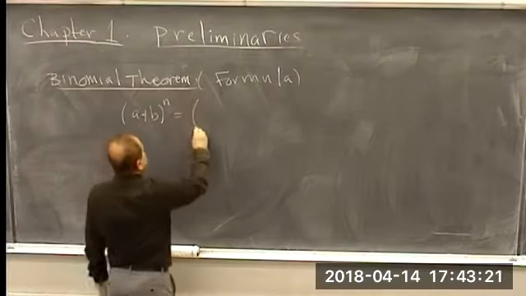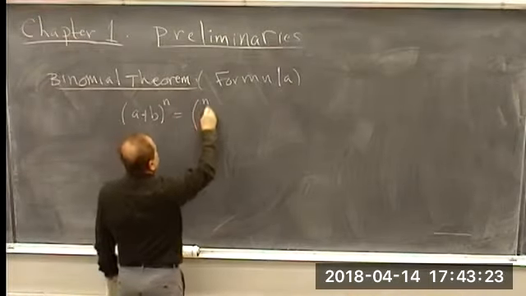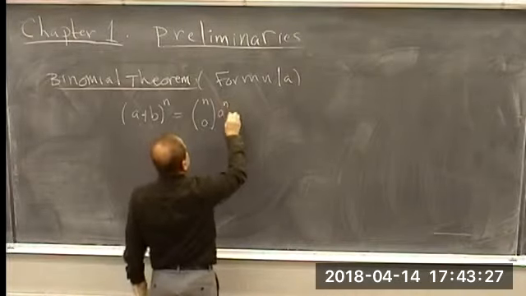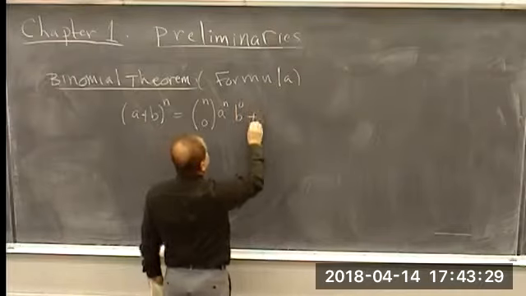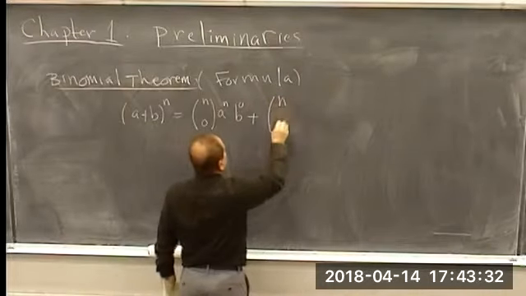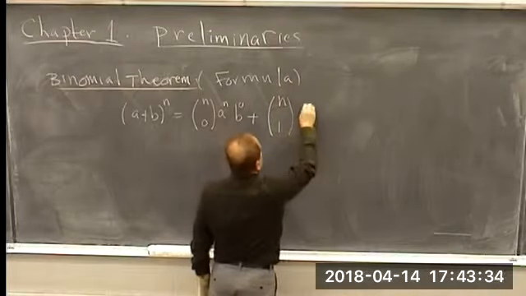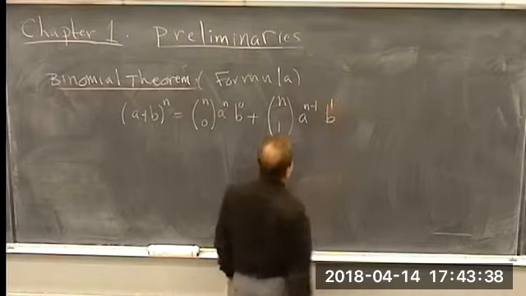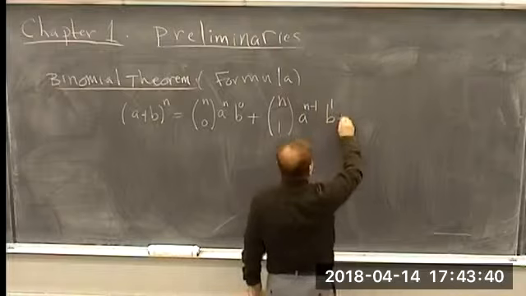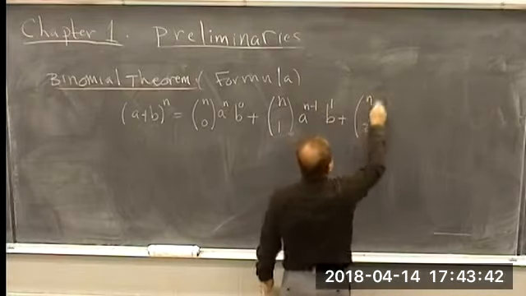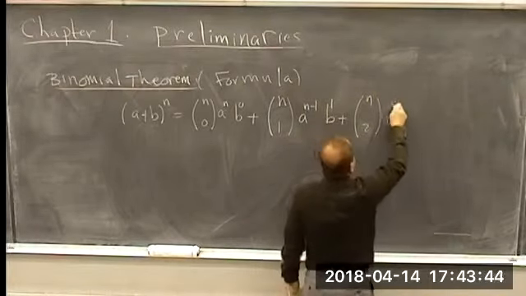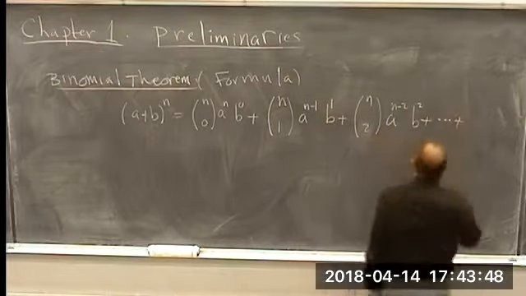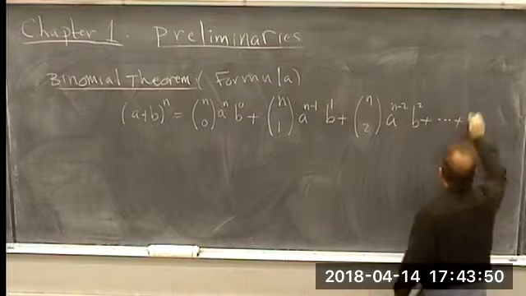So the theorem says that you go with n choose 0, then a to the n, then b to the 0, plus n choose 1. The a exponent is going to be reduced by 1, and the b is going to increase. And this thing continues with a to the n minus 2 times b squared, to the last one where things flip.